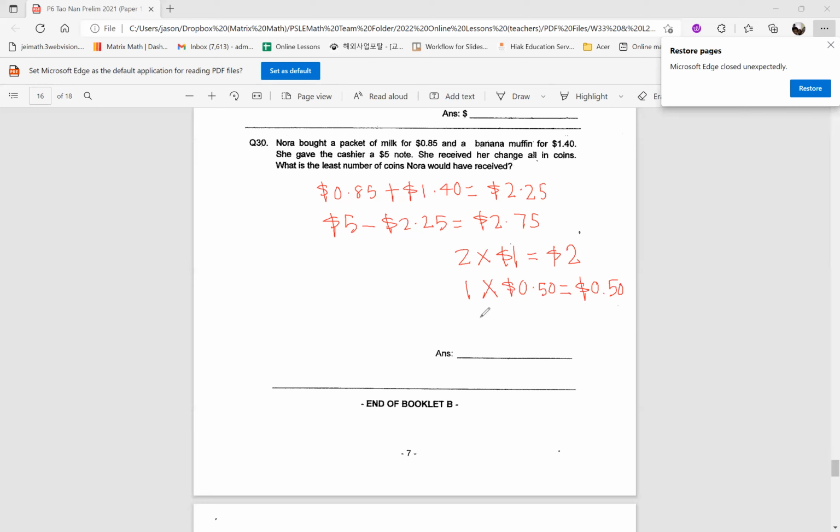Then 1 20-cent coin. It may look easy to you, but that's not the point. The point is, how do you present the solution? This is how you present the solution. Then 1 5-cent coin.